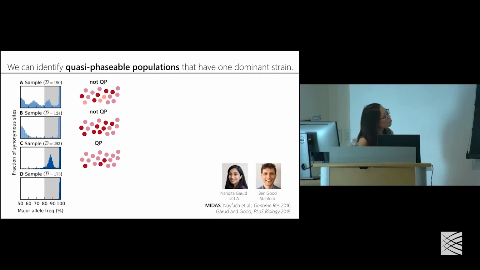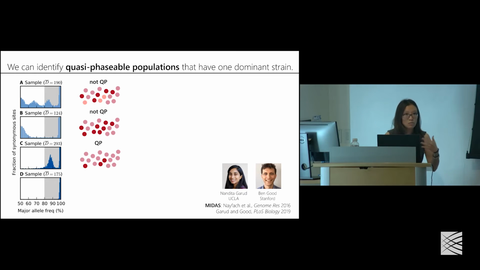Now, if one strain is at a much higher frequency than another one, then it does become quasi-phasable, which is great. For example, if one strain is much more common than another, then all of the sites that have variation involving the red strain are going to have a little bit lower frequency, but by taking the major allele, we can still figure out which of the polymorphisms belongs to the dominant strain.